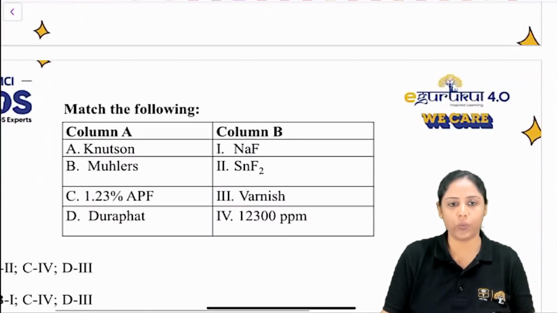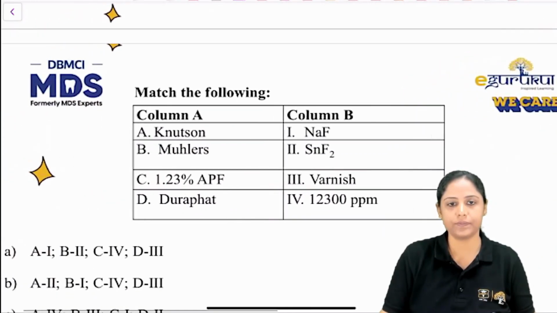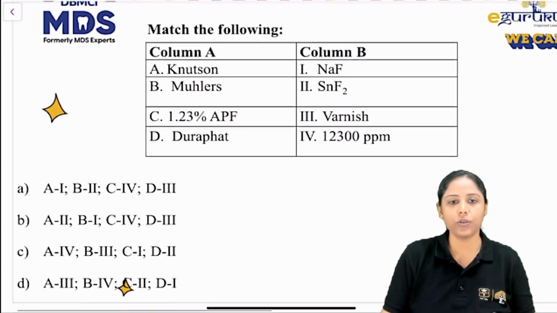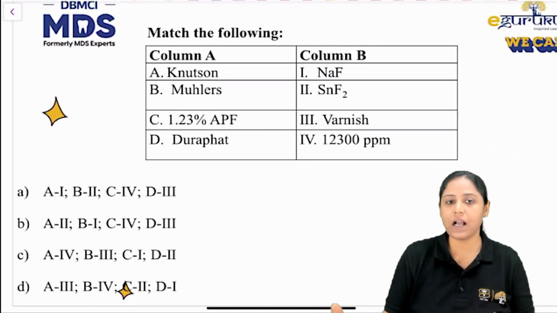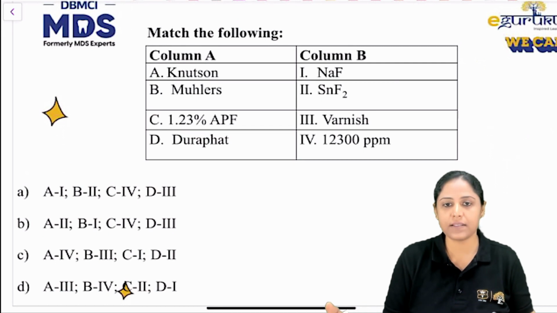Match the following. So you have column A and column B. Column A terms are Knudsen, Muller's, 1.23% APF and Durafat. So you have to match with the appropriate terms in column B. Knudsen, of course, sodium fluoride is the solution used in Knudsen's technique.